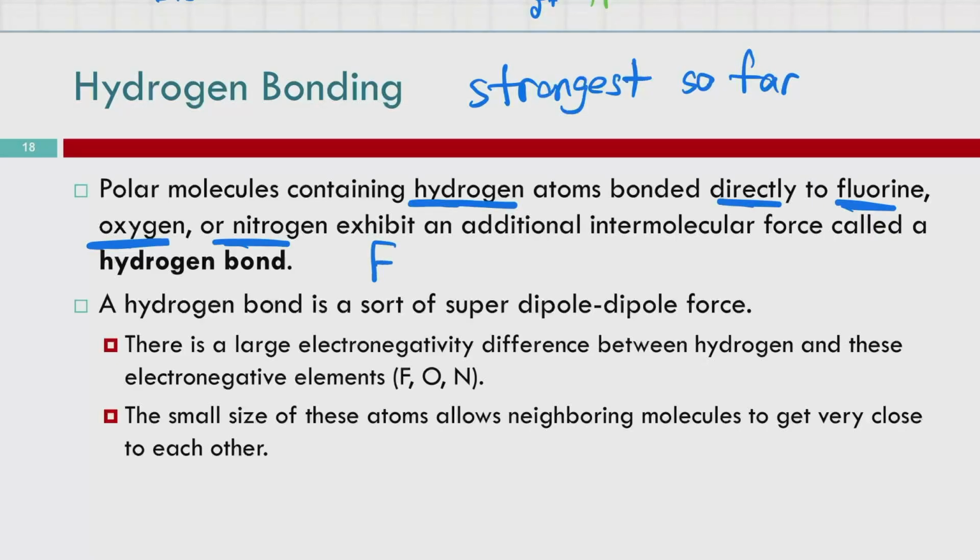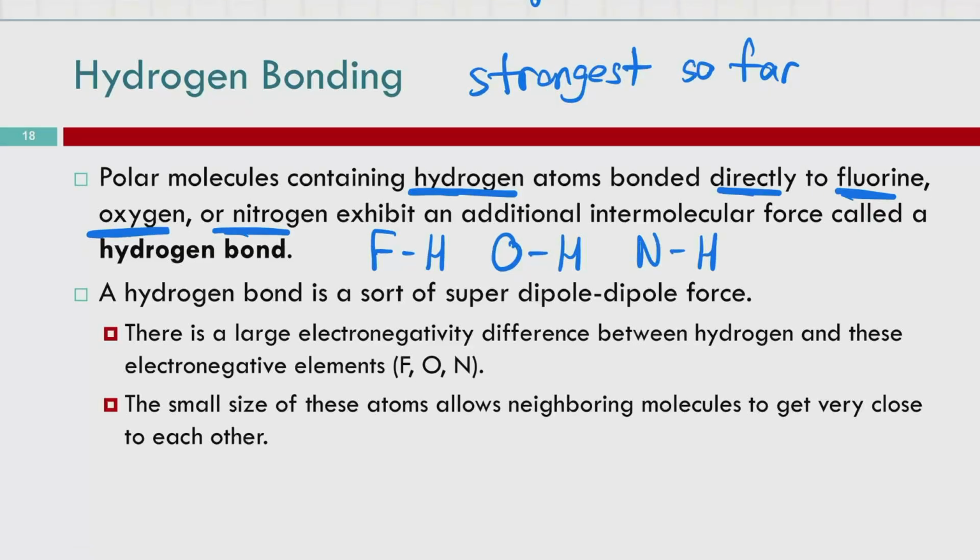So fluorine to hydrogen, oxygen to hydrogen, nitrogen to hydrogen. If we have these bonds happening, then we also have hydrogen bonding intermolecular forces. This is a super dipole-dipole force. It's stronger than regular dipole-dipole forces.